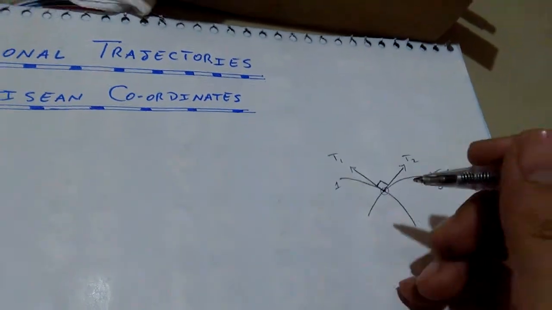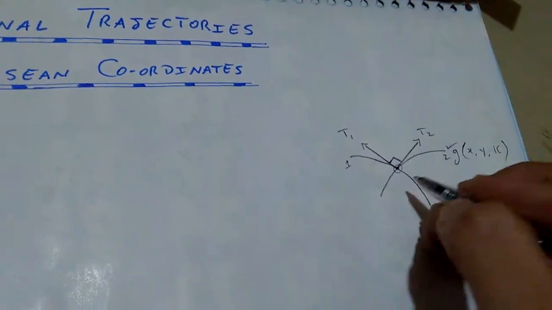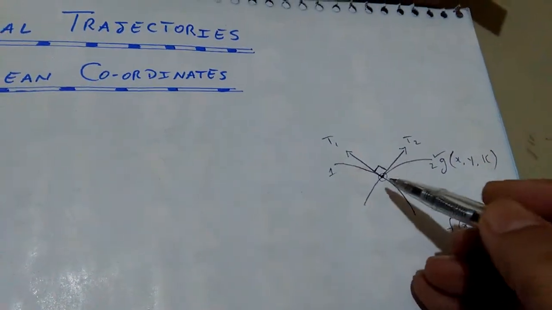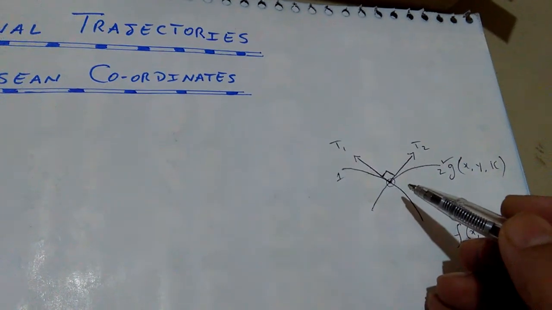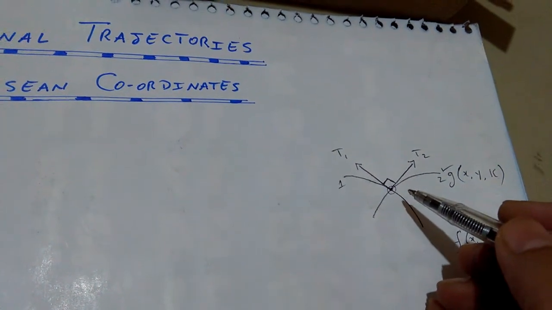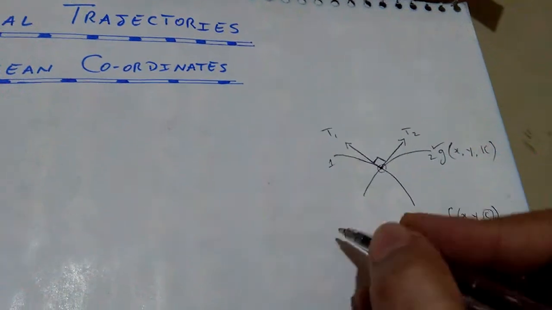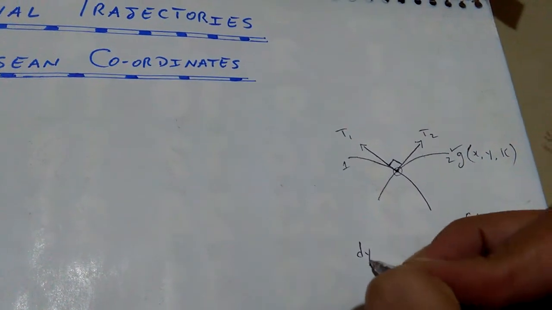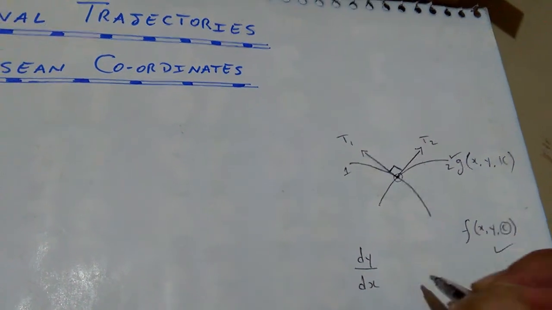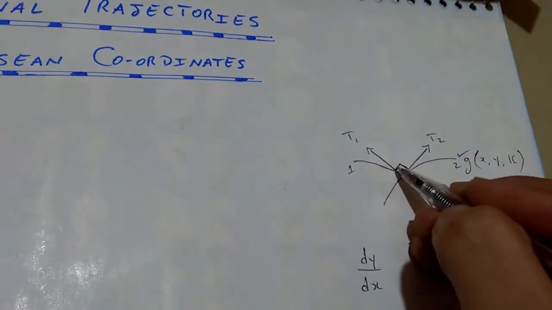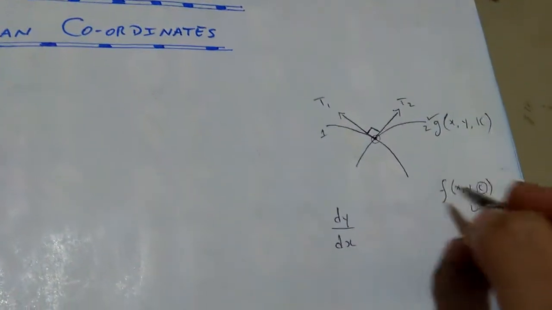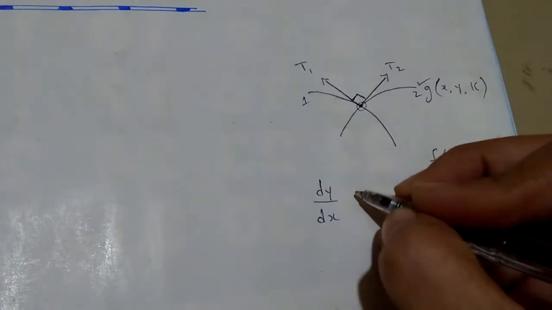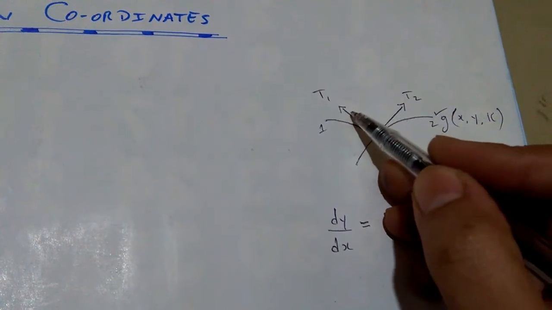We have studied in derivatives what exactly derivatives are: the instantaneous rate of change, or the limit of the slope of the tangent. So when I differentiate this function, I get the value of the slope of this tangent 1.